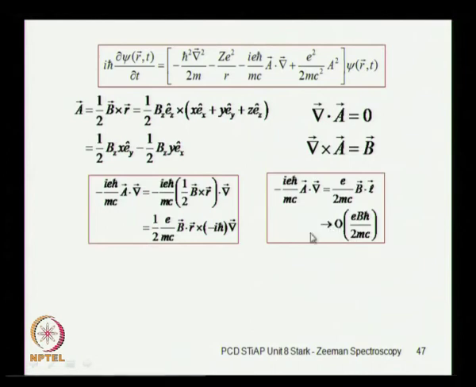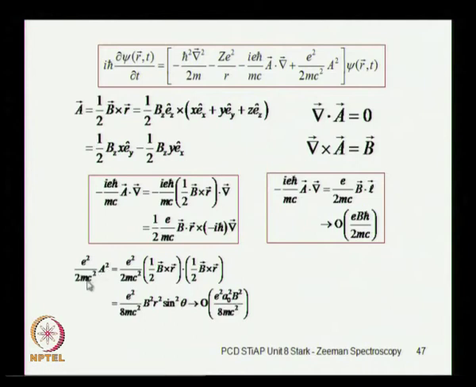To get an estimate of how strong this perturbation is, all we have to do is to consider the magnitude of B, and then you already have the 1 over 2mc term, and the angular momentum is of the order of the Planck's constant. You have another term over here, which is the quadratic term, e squared over 2mc squared times A squared. Here A is half B cross r, so you have A dot A. You take the dot product of these two vector potentials, and B cross r will give you B squared r squared sine squared theta.